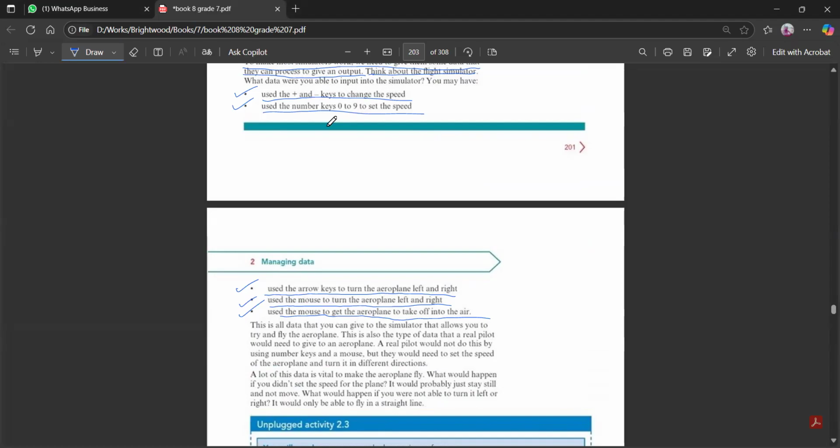You can use keys to turn left or right. You can use a mouse to turn an aeroplane left, or to take off. There are several options with the aeroplane. Please write, I think it is getting pretty easy.